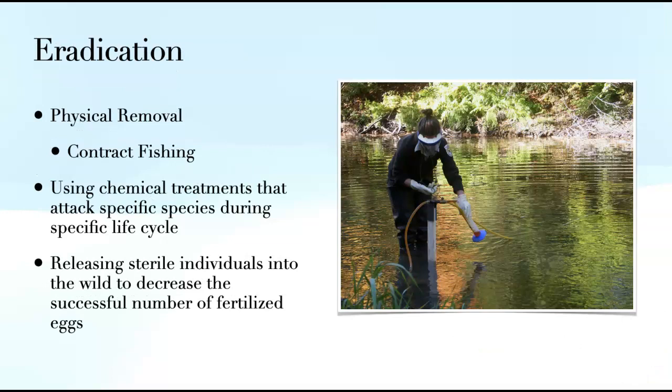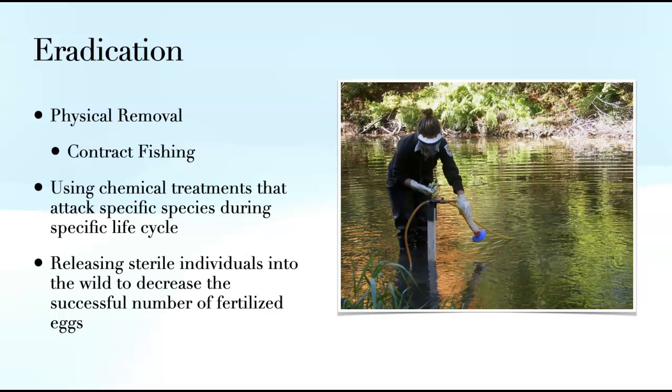The eradication of these species is very important. Some examples of how we can do this is through the physical removal of the species. One way that we can do this is through contract fishing.